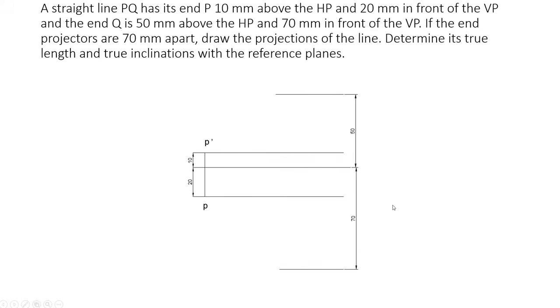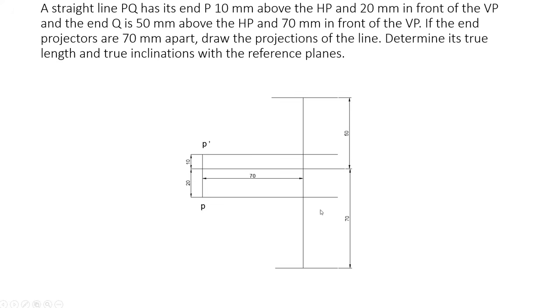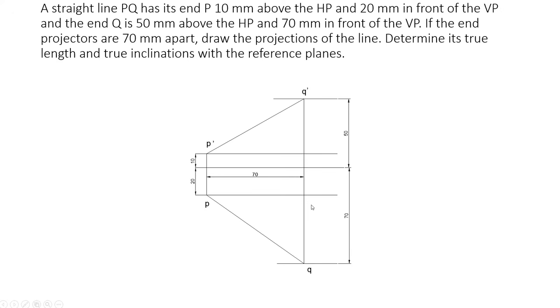Do the dimensioning also. It's also given that the distance between end projectors is 70 mm. So from here you mark 70 mm like this and draw a vertical line to meet the loci drawn through 50 and 70 mm. Now connect that point P dash to Q dash and P to Q.